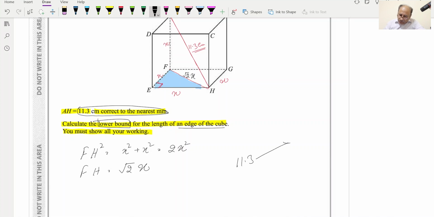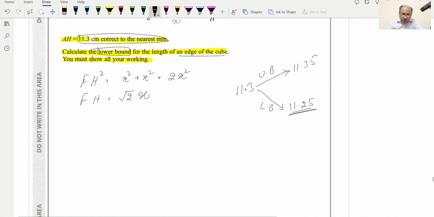The upper bound will be 11.35 and the lower bound will be 11.25. So we will take this one as lower bound, and we will use this.